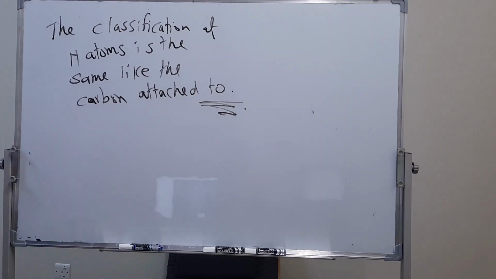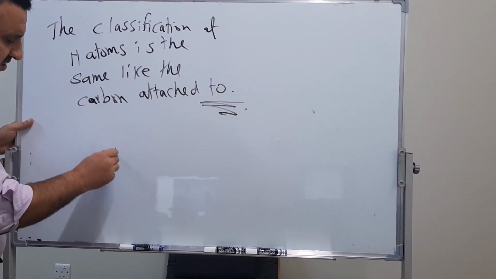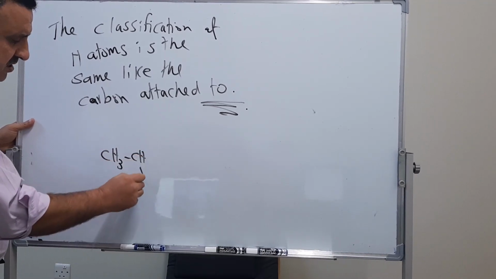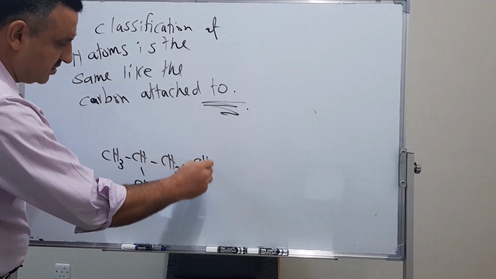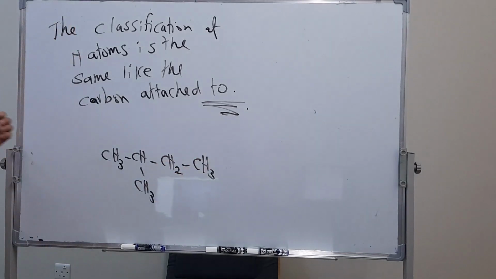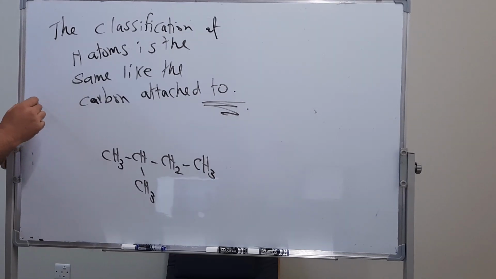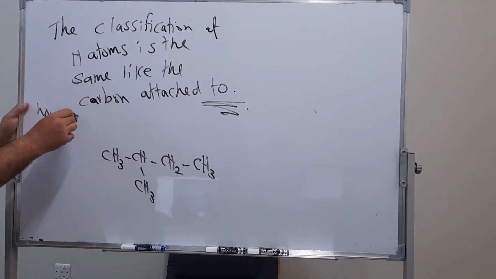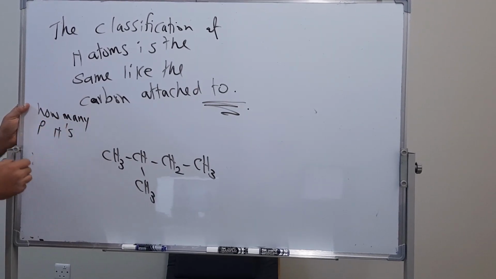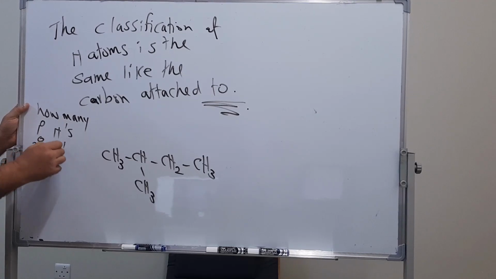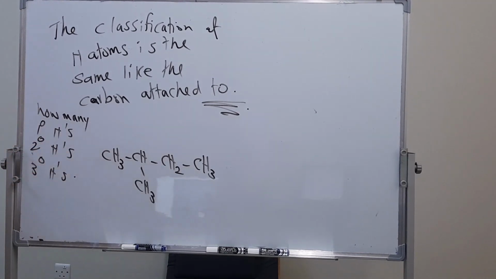So for example, take another example, suppose we have CH3, CH, CH3, CH2, then CH3. If I asked you, in this example, how many primary hydrogens, how many secondary hydrogens, how many tertiary hydrogens, how to do it?